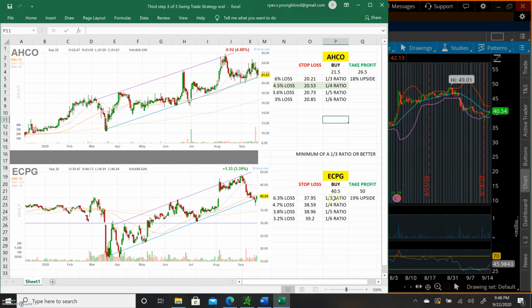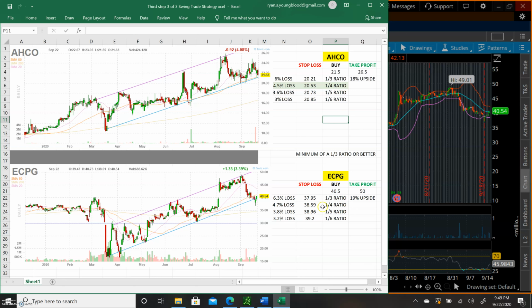Alright, first we're going to put in the 1-to-3 ratio at 37.95. And that's going to be just below the Bollinger Band. Okay. So, let's see, 37.95. Yeah, so that's somewhere right around here.